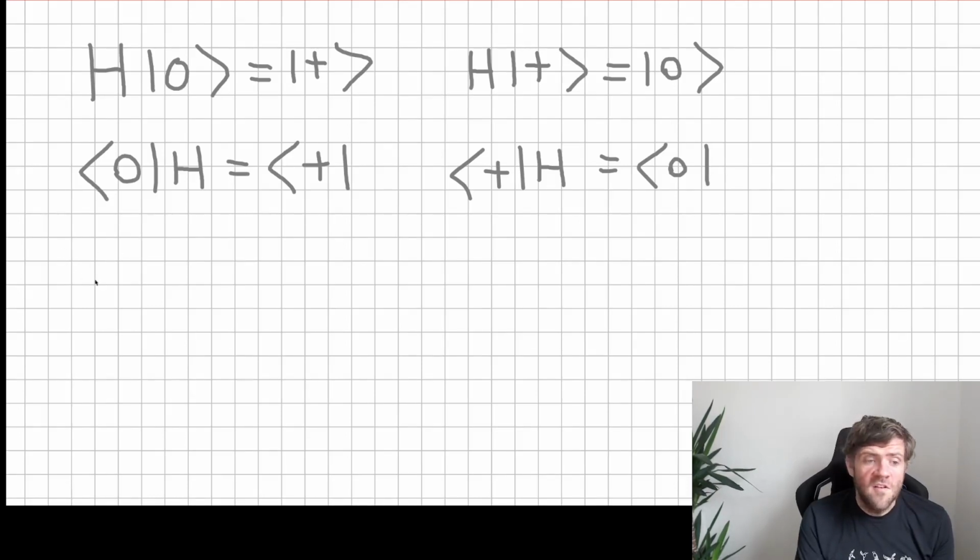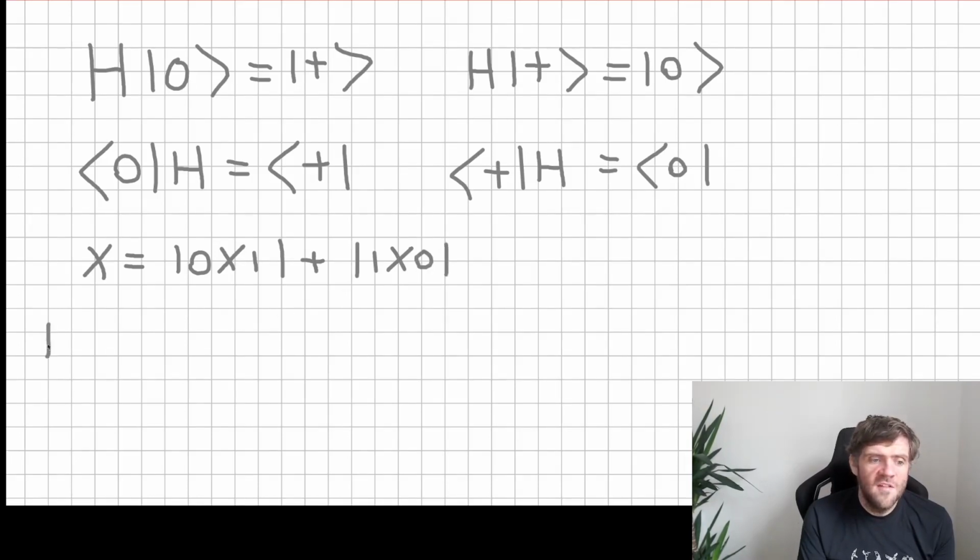The X gate, for example, has this form where it turns 0 into 1 and 1 into 0. Now if we were to apply a Hadamard to both sides, so H, X, H, then you can hopefully see that the H applied to this 0 is going to turn it into a plus.